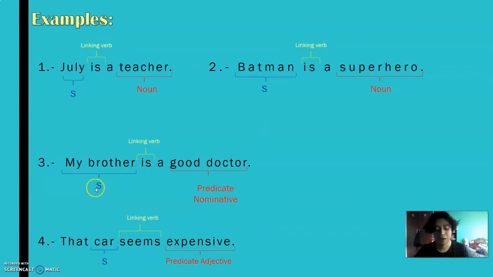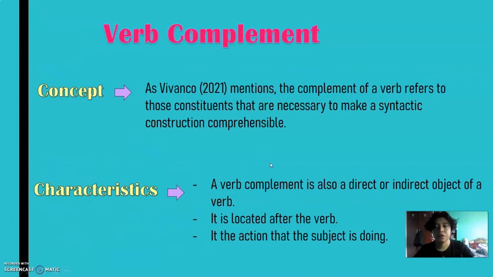Continue. We have part number 2, the verb complement. In this part we also have a concept. As Vivanco mentioned, the complement of a verb refers to those constituents that are necessary to make a syntactic construction comprehensible.